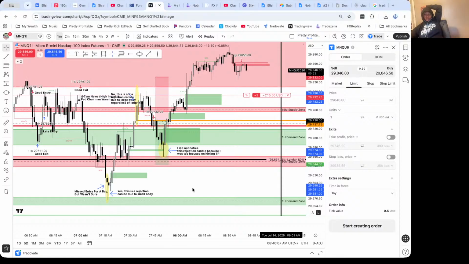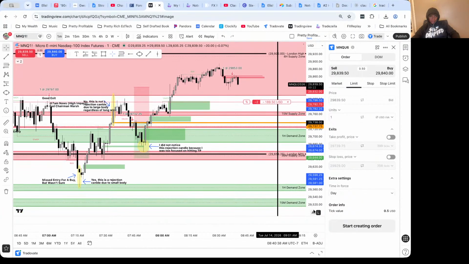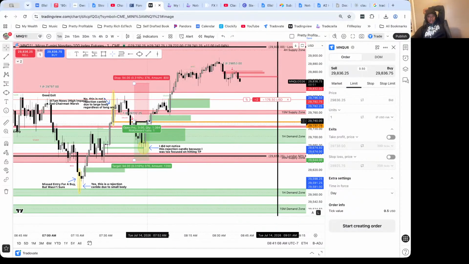That's crazy. We got the hard stop. Y'all just be patient with me, because I've been in drawdown with this trade since 7:52.